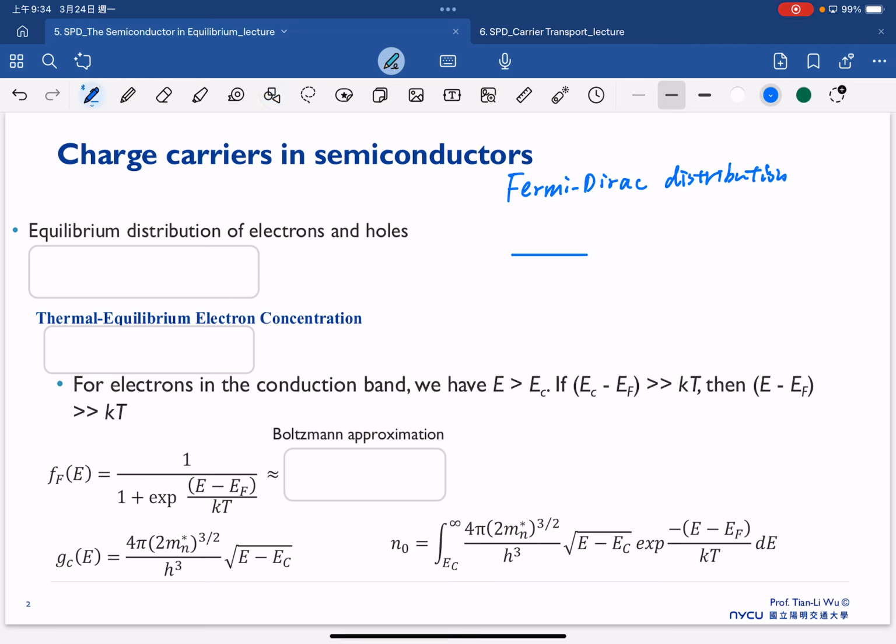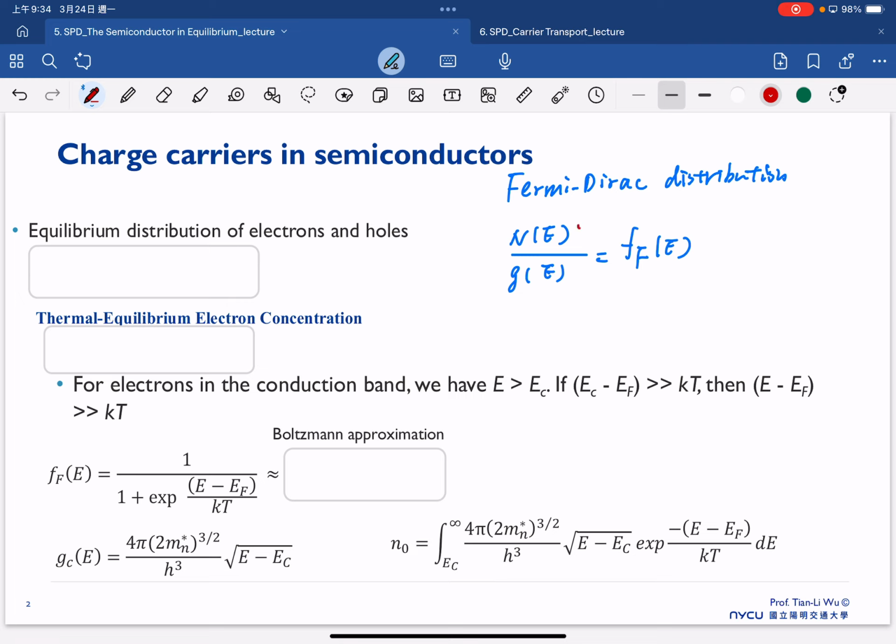We have the number of carriers over the number of quantum states equal to the probability.